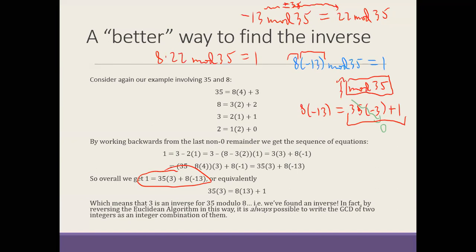So 22 also serves as an inverse of 8, yeah? And all of this comes out of the Euclidean algorithm. Surprisingly, I mean, it's just shocking to me that Euclid had the mental dexterity to do this with very little in the way of notation and mathematical rigor back in that day. Okay.